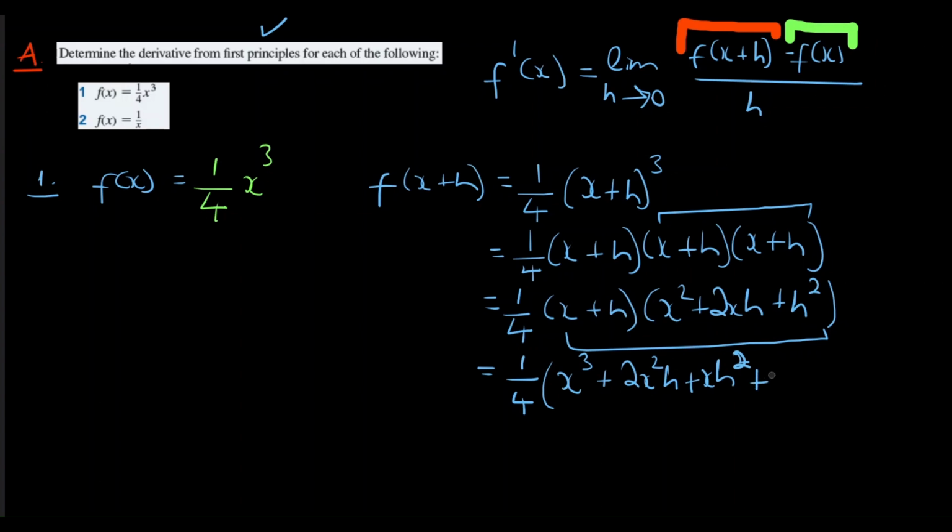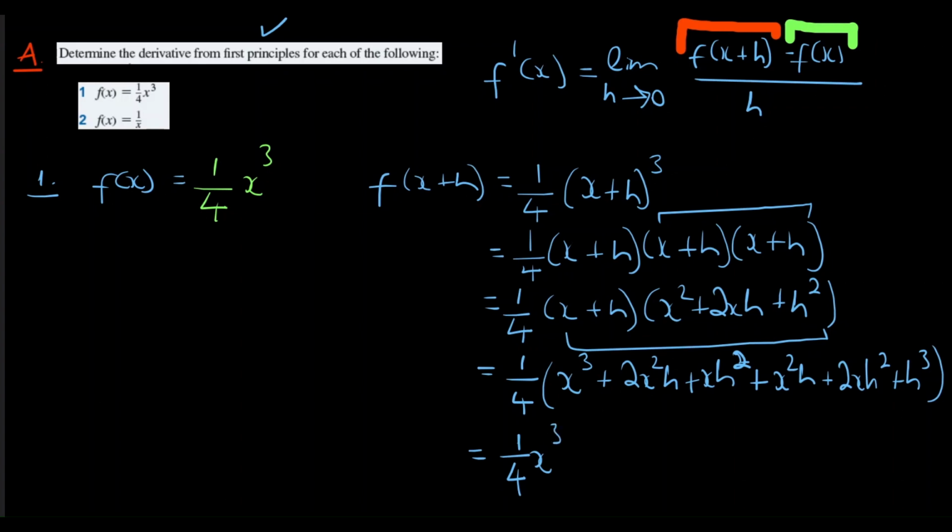Then h will multiply the x squared. We have x squared h plus 2xh squared plus h cubed. So really we can go ahead and multiply out the bracket by 1 over 4. We have 1 over 4 x cubed.